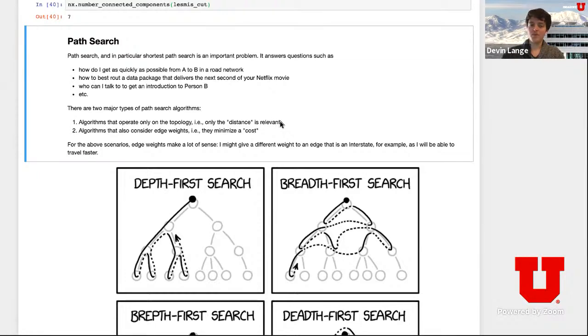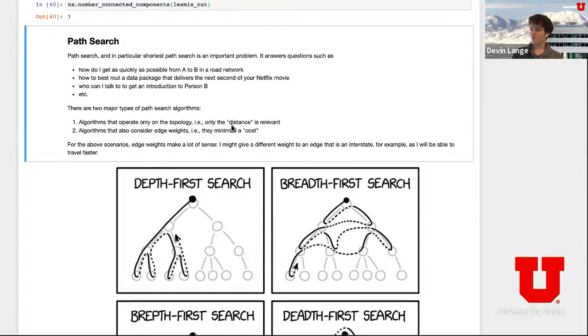One of them is just the number of hops, the number of edges, and one is where edges have weights. You can think of the second as a generalization of the first kind, where the first kind is just a graph where all edges have the weight of 1.